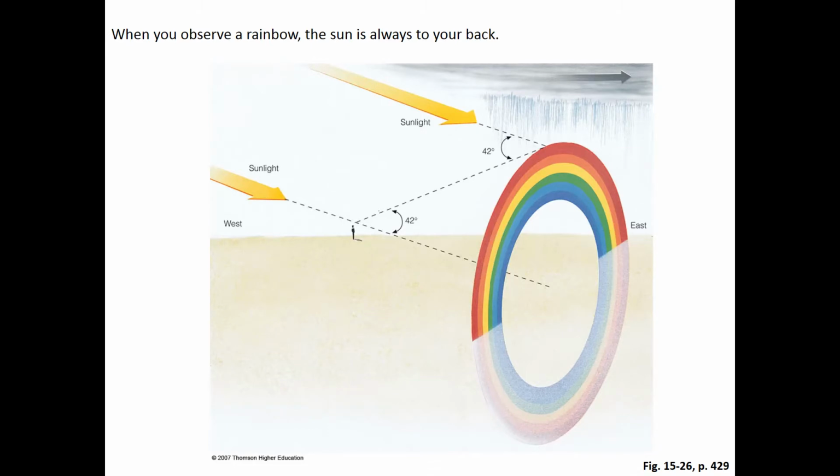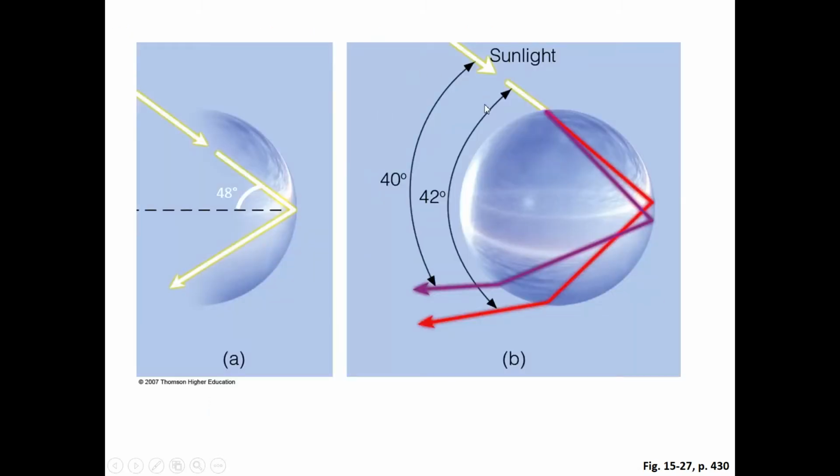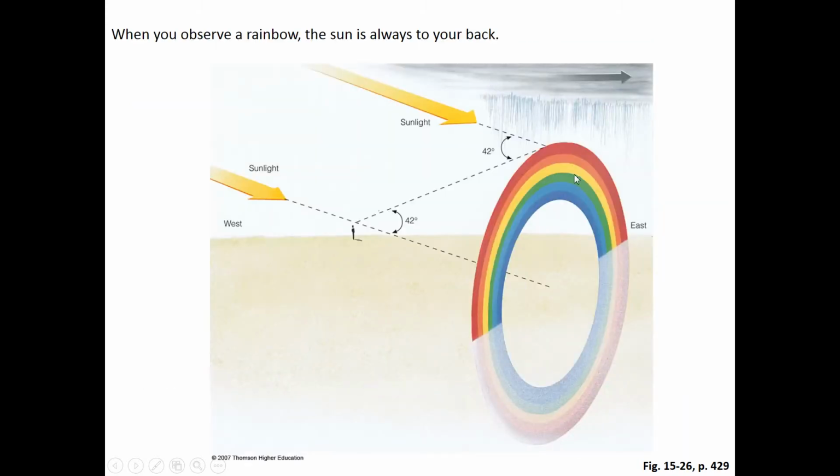Now, if you're curious why rainbows actually look like an arc, well, because these angles are between 40 to 42 degrees, when you take a look at a rainbow, that rainbow actually begins at an angle of 42 degrees from your eyes in all different directions.